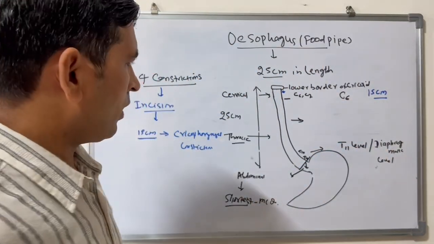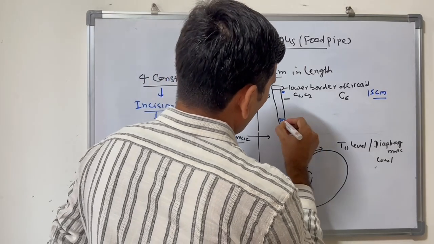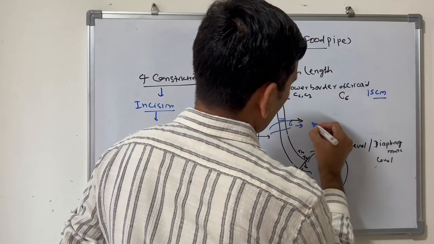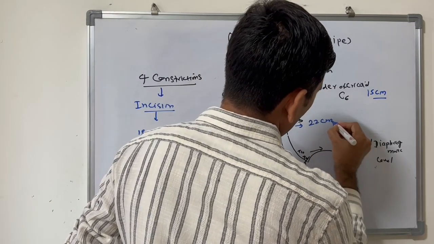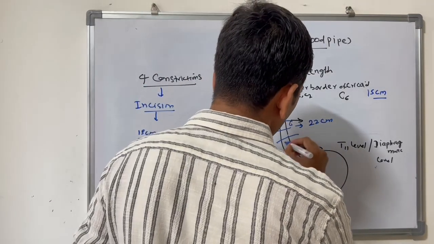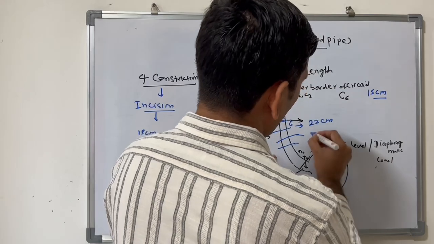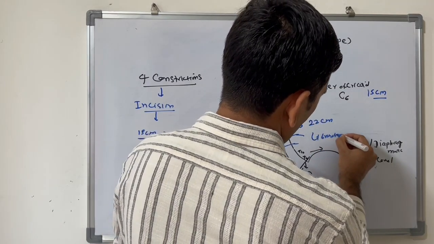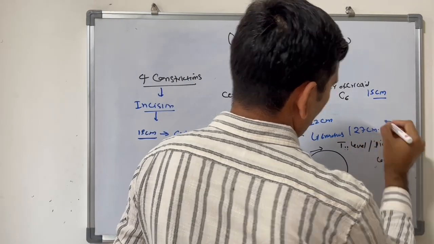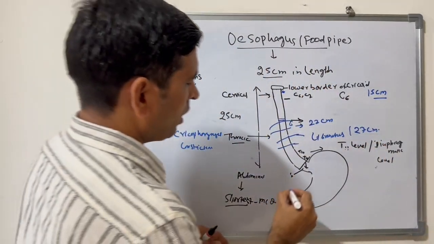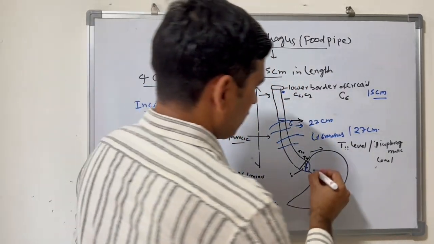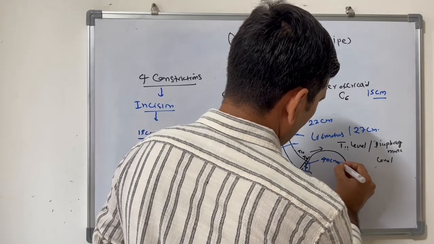The second constriction is situated where the arch of the aorta is crossing, about 22 centimeters. The third constriction is situated where the left bronchus is crossing, about 27 centimeters. And the last constriction is at the gastroesophageal junction, about 40 centimeters from the incisor.